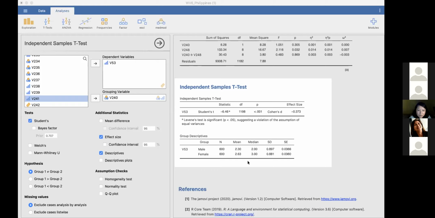So lower score means that they don't think that men make better political leaders than women do. Ay, no. Baliktad, Mikey. Sorry. Pag lower score, I strongly agree pala. Yes po. Right? So si female po, high score means they disagree with the question po.